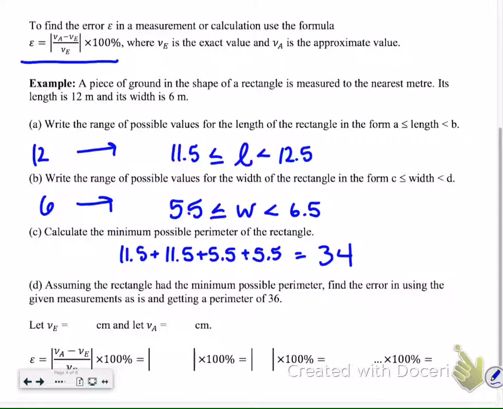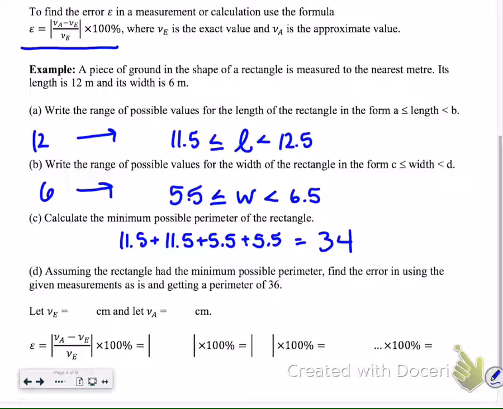Now, what if we use that 34, okay? That's an estimate. What if we know that if we use the given measurements as is, and we end up with a 36. Let's say that actually is the legit perimeter. So what kind of error would we be if we use the lower end, though, of that perimeter? So we're going to make our V sub B be 34, and we're going to let our V sub A be 36.